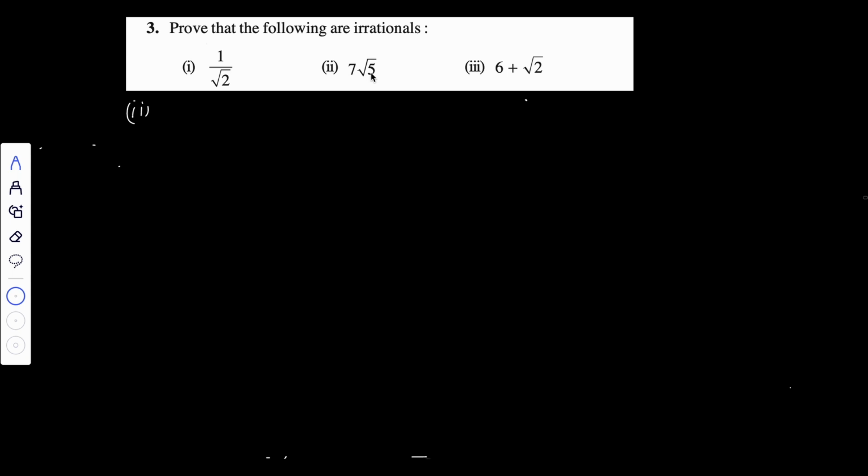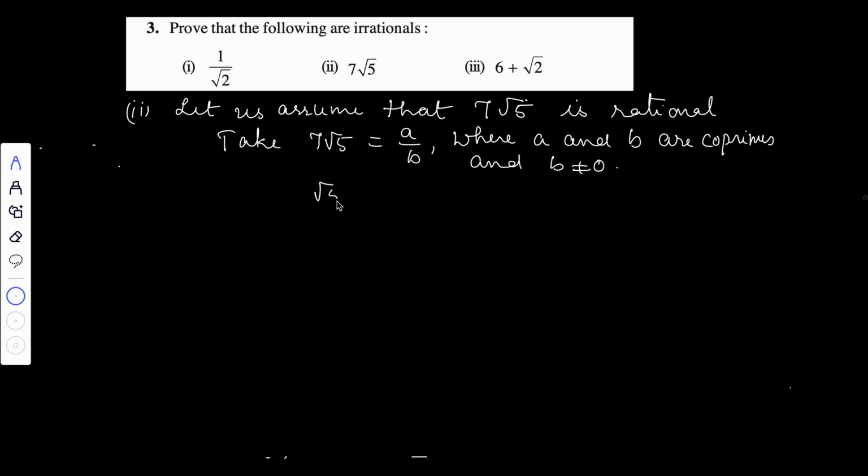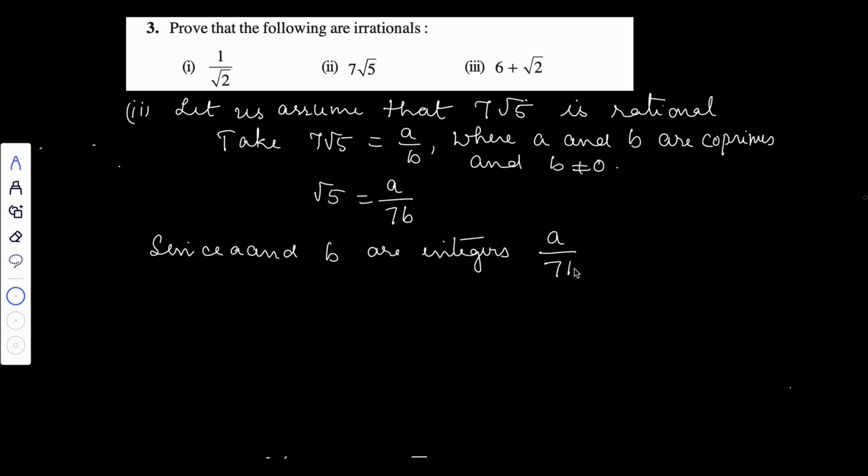Going to the second sum, 7 root 5. Let us assume that 7 root 5 is rational. Take 7 root 5 is equal to a by b, where a and b are co-primes and b is not equal to 0. Here you take this 7 to the other side. Root 5 is equal to a by 7b. Since a and b are integers, a by 7b is rational.